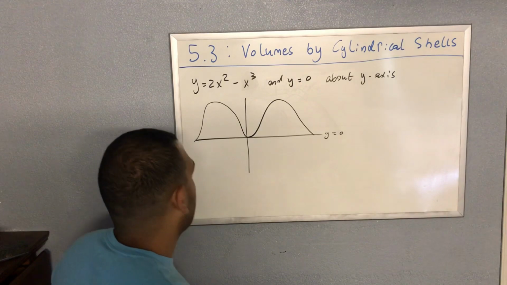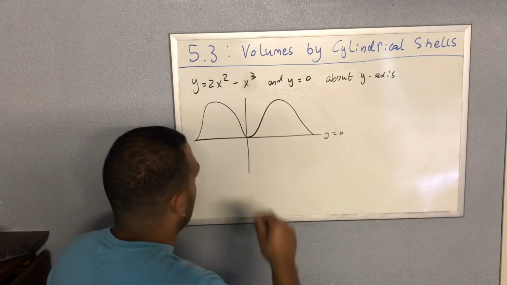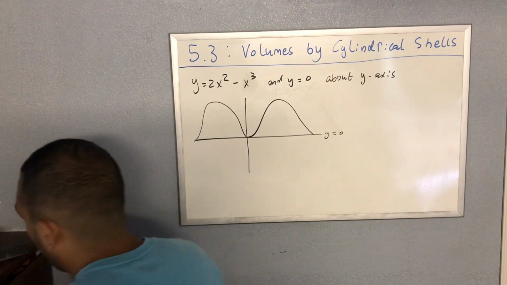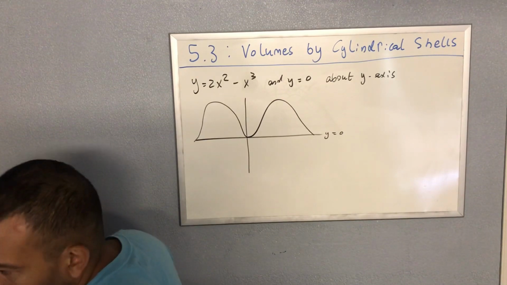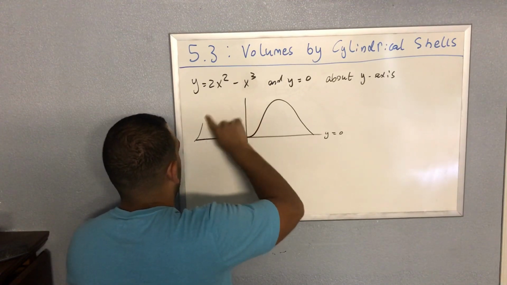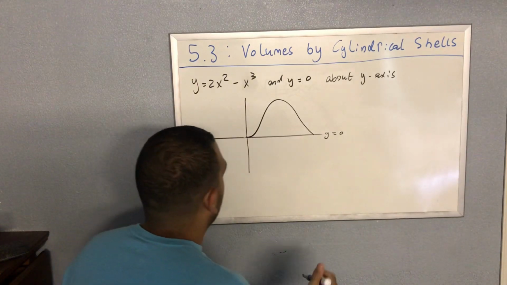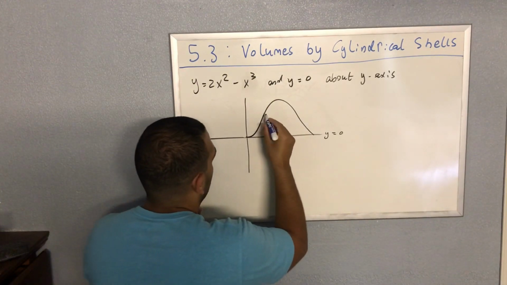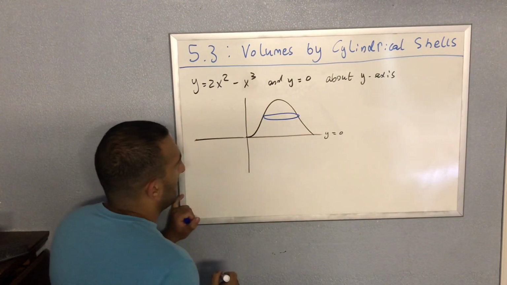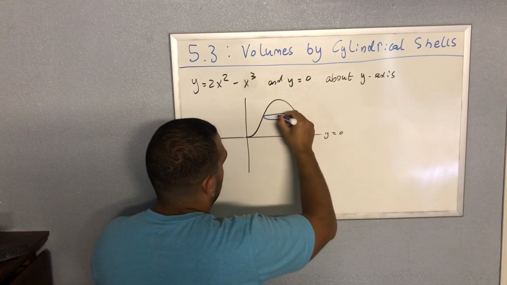So the thing is here, why can't we use the disc method and stuff like that? So remember, normally when we made the discs, if you wanted to use the disc method to calculate this thing here, you would need to know basically this radius here.